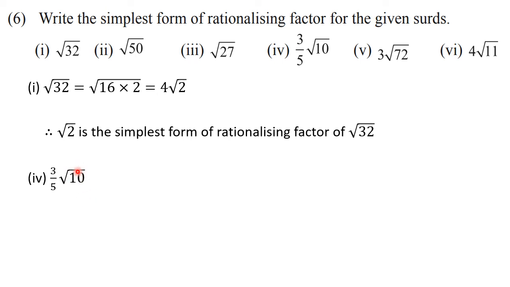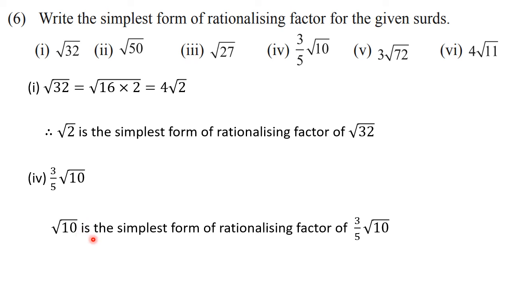So this is in simplest form only. So here to cancel this root 10, we have to multiply by root 10 only. Root 10 into root 10 is 10. That will get cancelled with 5 and you will get the answer as 6. So here it is not possible for us to simplify, but directly we can write down the rationalizing factor, that is root 10. So root 10 is the simplest form of rationalizing factor of 3 upon 5 root 10.